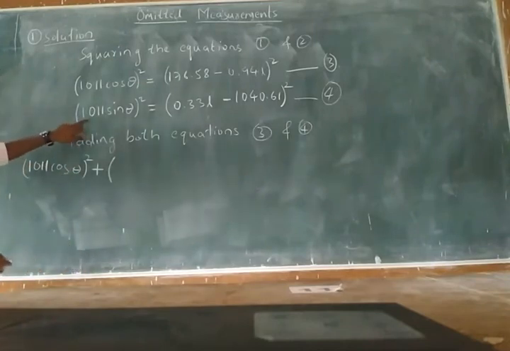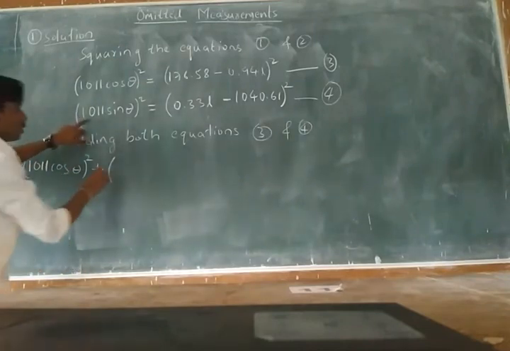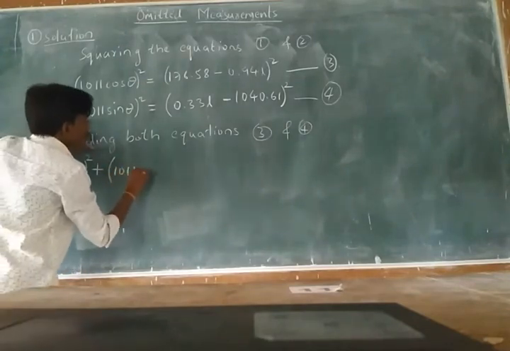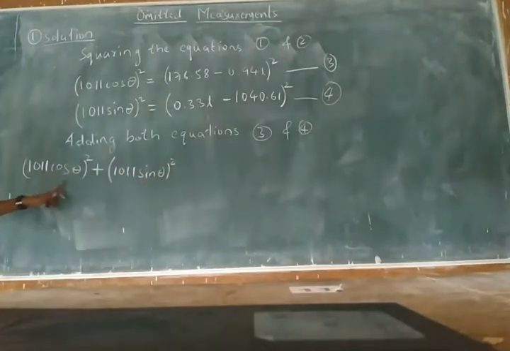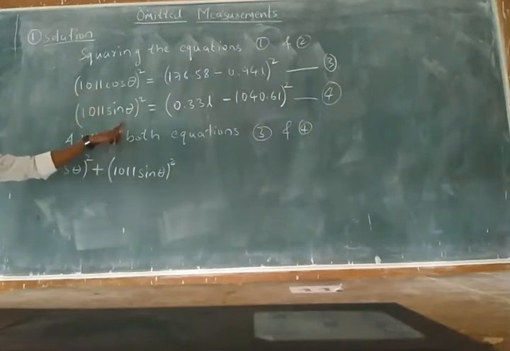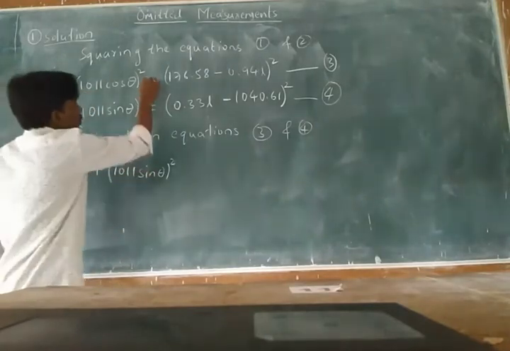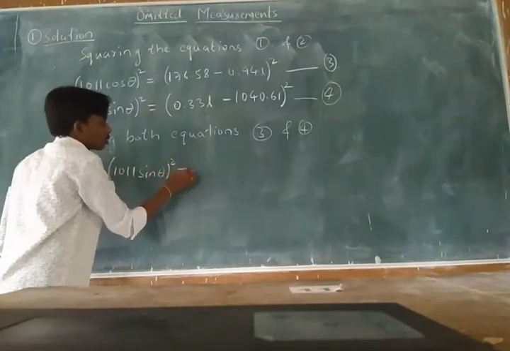So now we have to add this one, 1011 sin theta whole square. So 1011 cos theta whole square plus 1011 sin theta whole square equals.